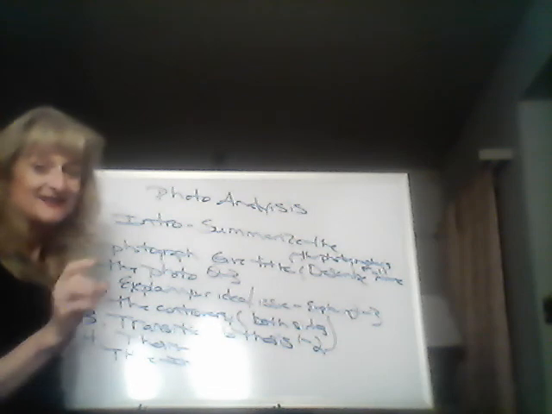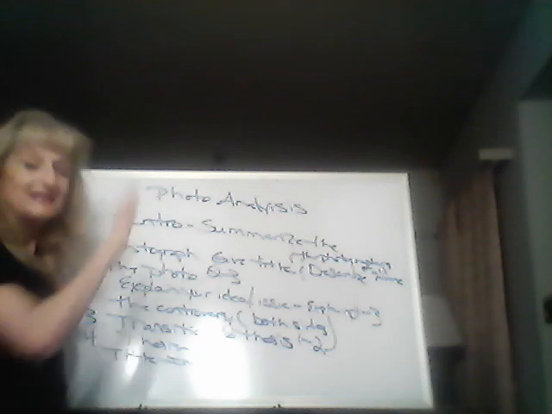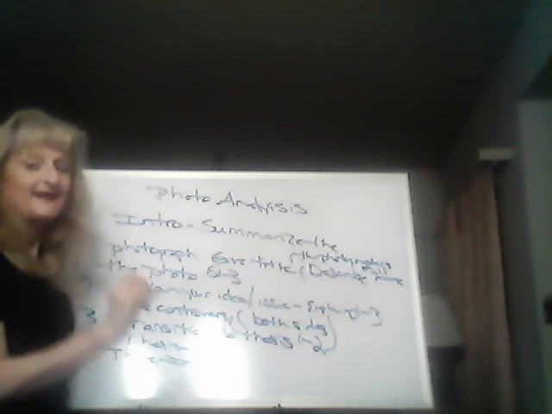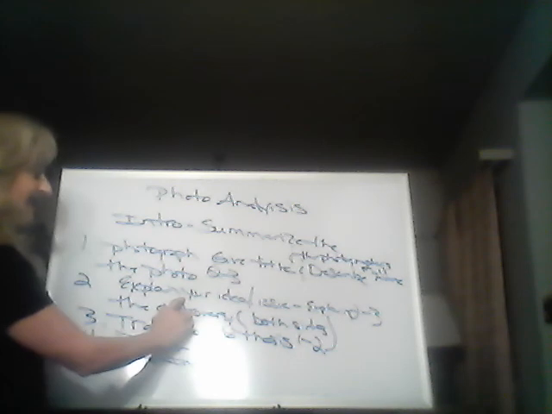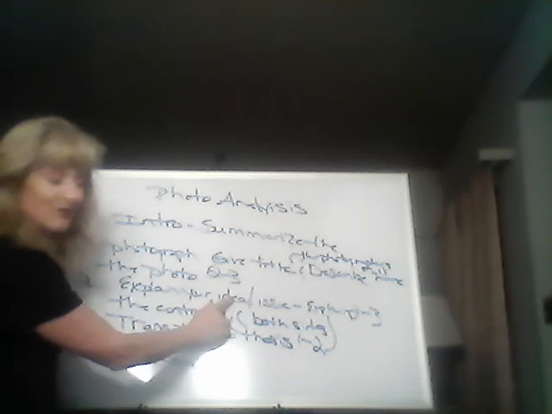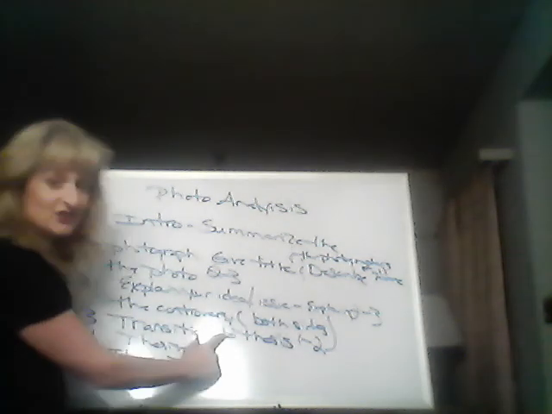You don't have to describe every grain that you see, but give an overview of it, and especially as it pertains to your main point, explain your idea or issue, whatever the one you're going to focus on. Explain the controversy, both sides. Why do people disagree about that? Then transition to your thesis.